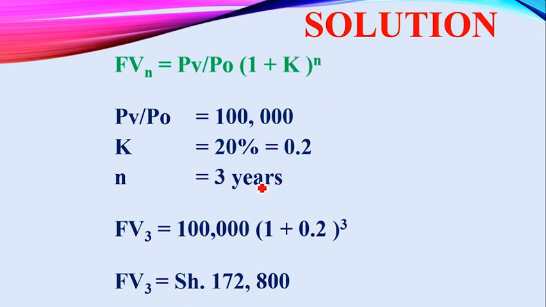Now, how do you get the future value of these 100,000 in a period of 3 years? That's why we are writing FV3, the future value in 3 years. You just replace the values in this formula, and you're going to get the future value as shillings 172,800.